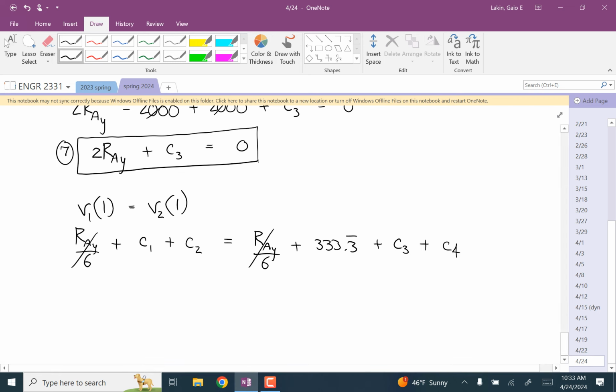These two cancel, and we get an eighth equation that says C1 plus C2 minus C3 minus C4 is equal to 333.3 repeating.